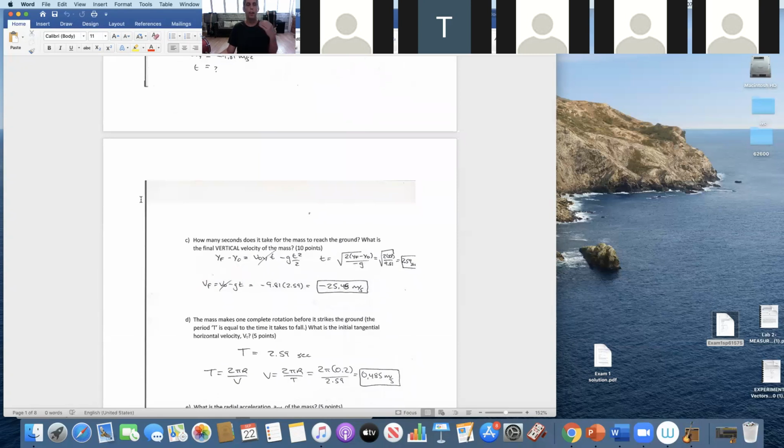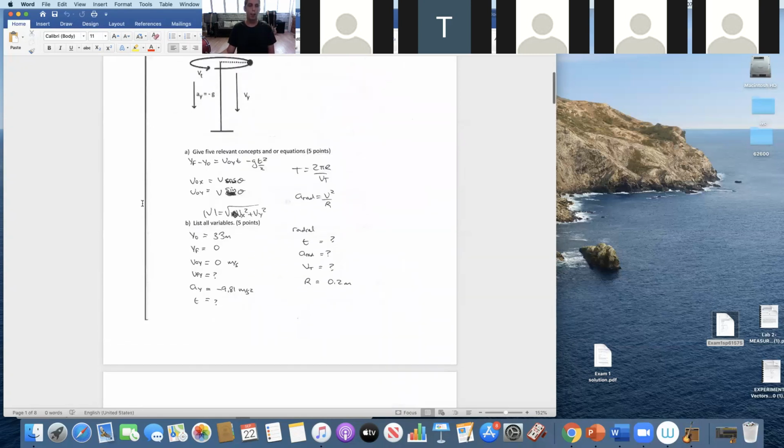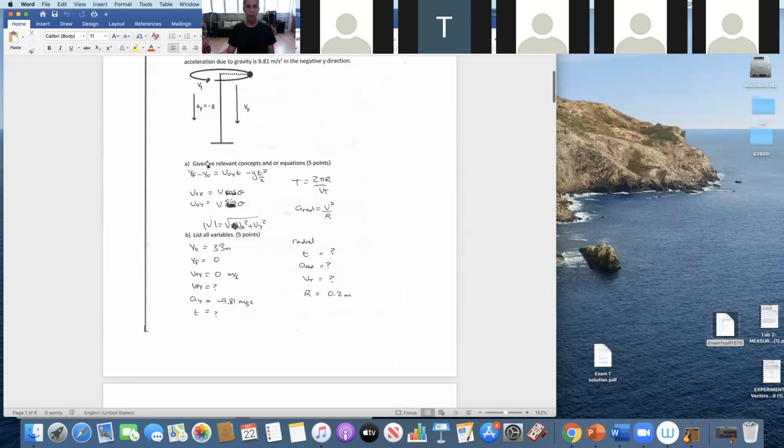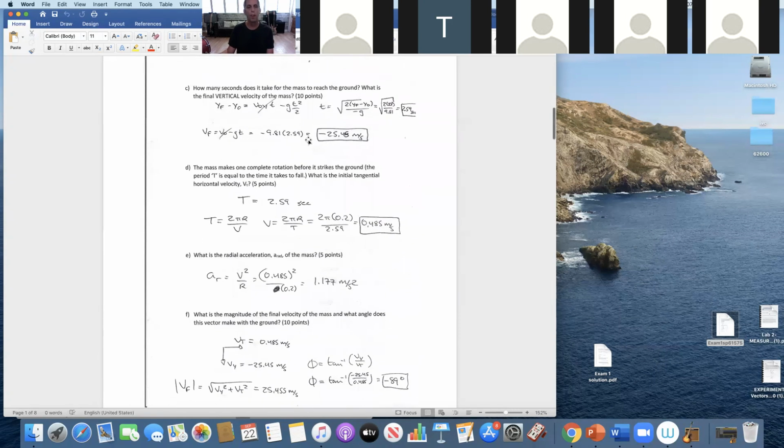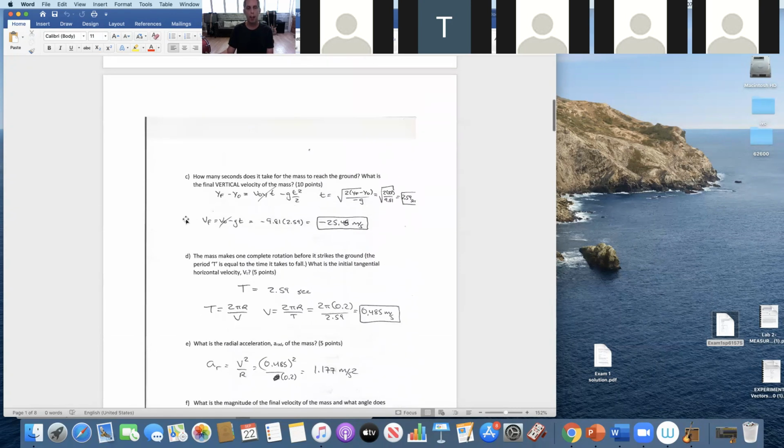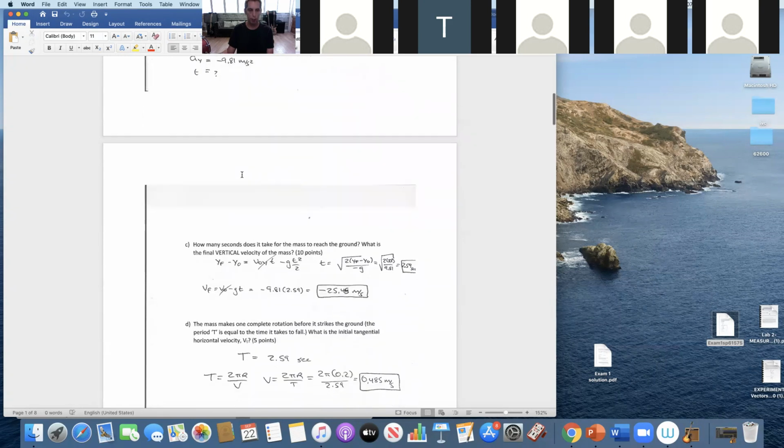In free fall, we can find that pretty fast from the free fall equations. If Y final is 0, Y initial is 33, and v naught y is 0, this is a really fast equation to solve for t squared. Take the square root, and make sure you take the positive time. Once you have that, you can find V final in the y direction.